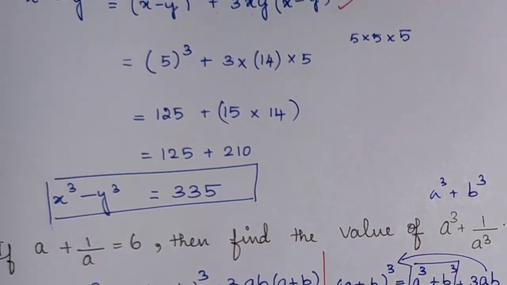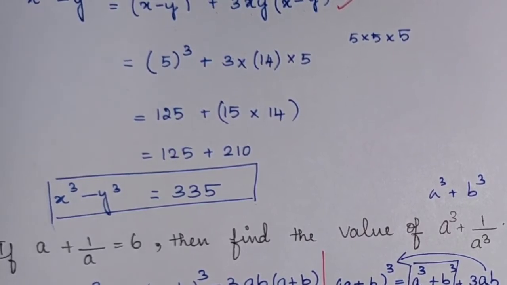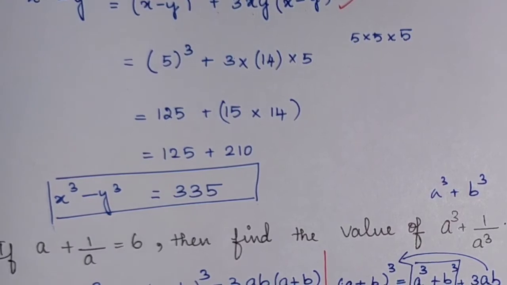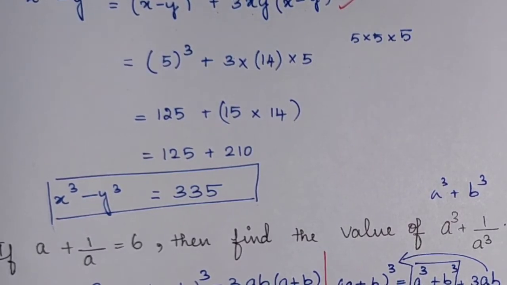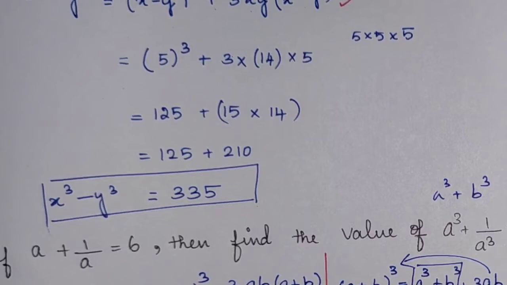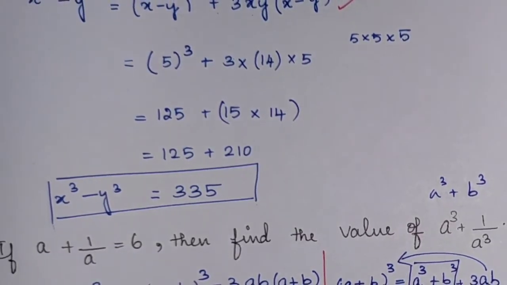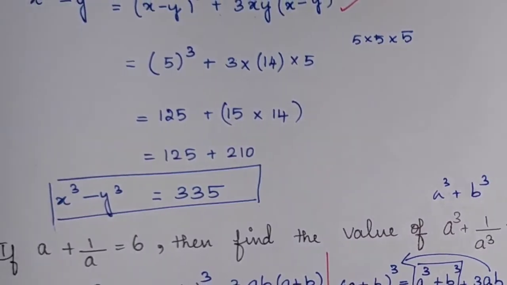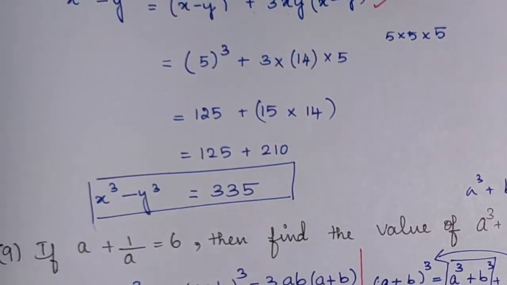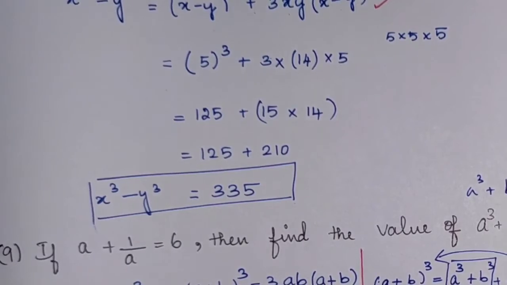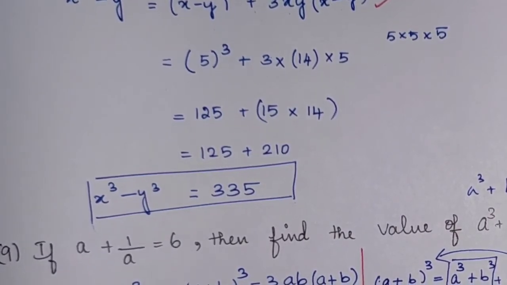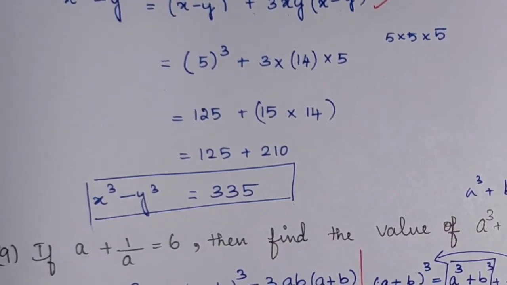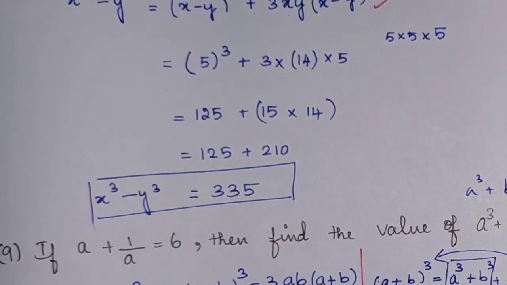Okay, so a cube plus 1 by a cube is equal to, it is like 1 cube by a cube. 1 cube is nothing but 1 and a cube is a. Here a is equal to a and b is equal to 1 by a. In the place of a I am having a and in the place of b I am having 1 by a.